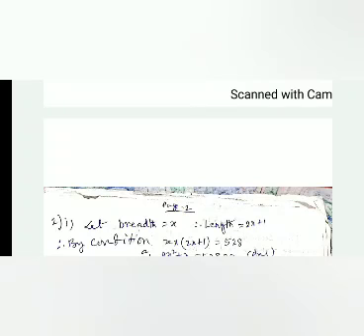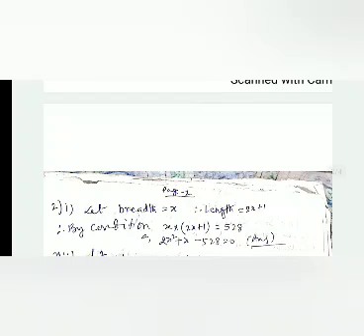So length is 2x plus 1. We need to find out now the area of the rectangle. If breadth is x, length is 2x plus 1, so area should be x into whole 2x plus 1. And by the condition given in the book, that is 528.